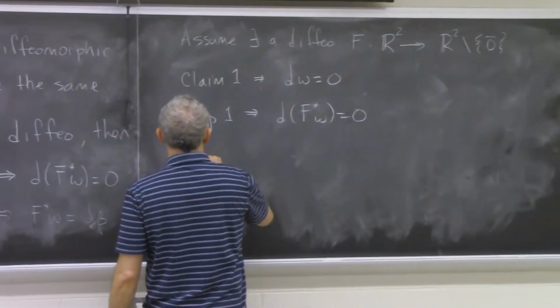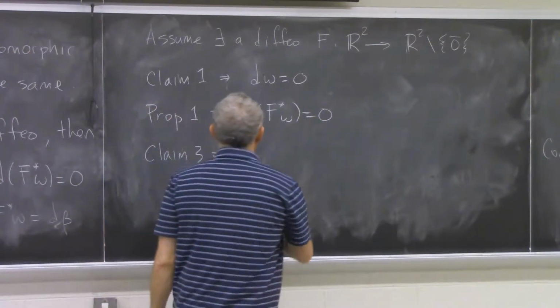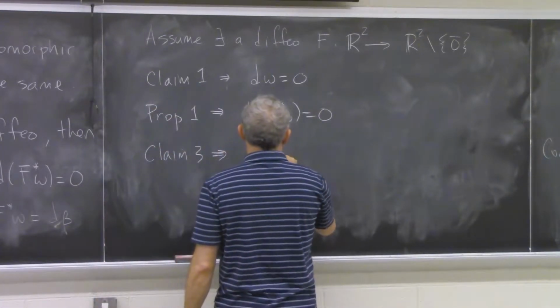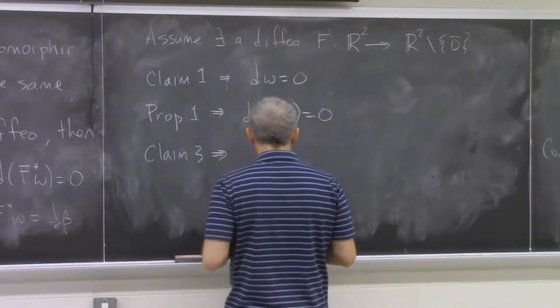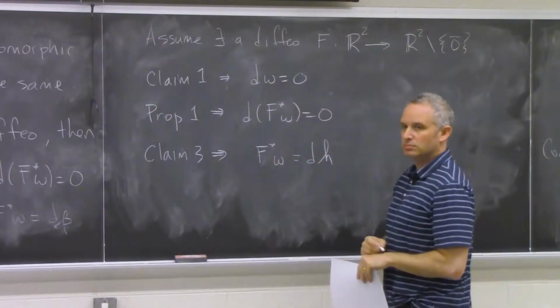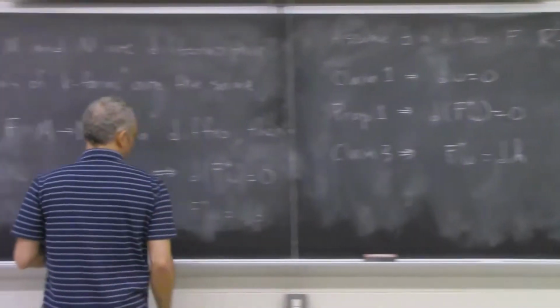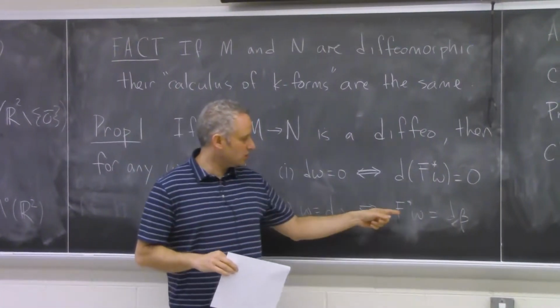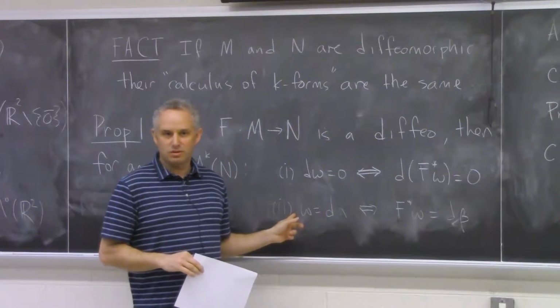Claim 3 would imply that f star omega equals d of some h. Okay. All right. But then proposition 1 tells us that this means omega is d of something.